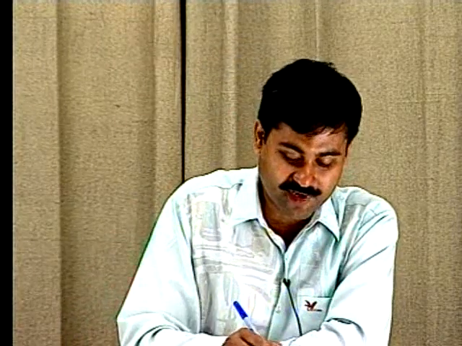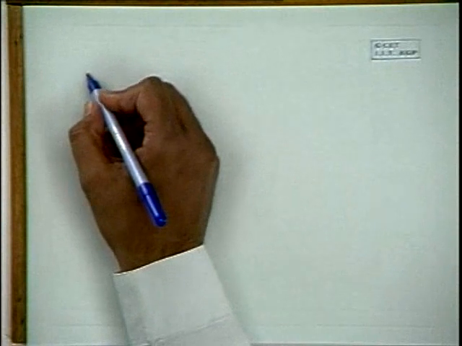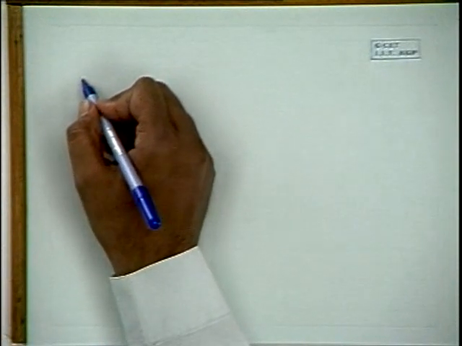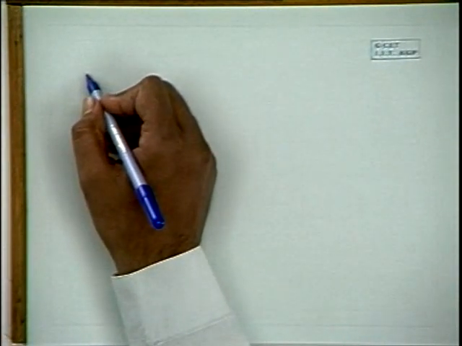So first what we need in the algorithm is this. We will choose a set of edges from the graph such that this particular invariant is always maintained. What is that invariant? The set of edges is guaranteed to be a subset of a minimum spanning tree of the graph.